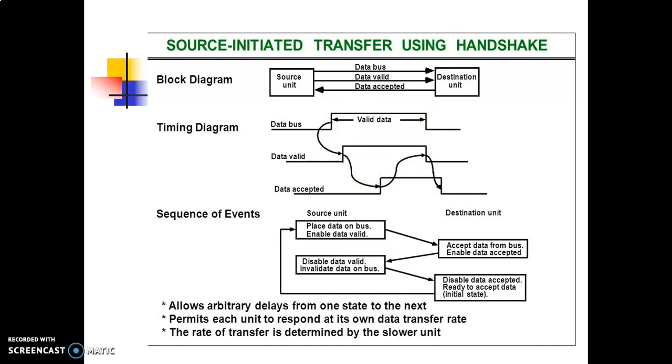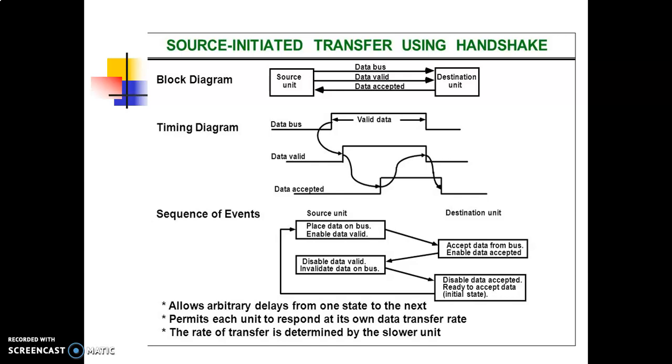The sequence of events listed in that particular diagram shows basically four possible states that can exist at any given time. The source unit initiates the transfer by placing the data on the bus and enabling its data valid signal.